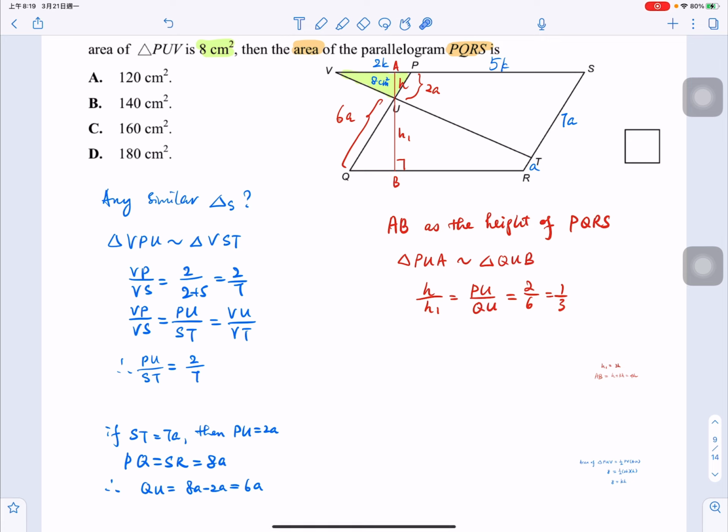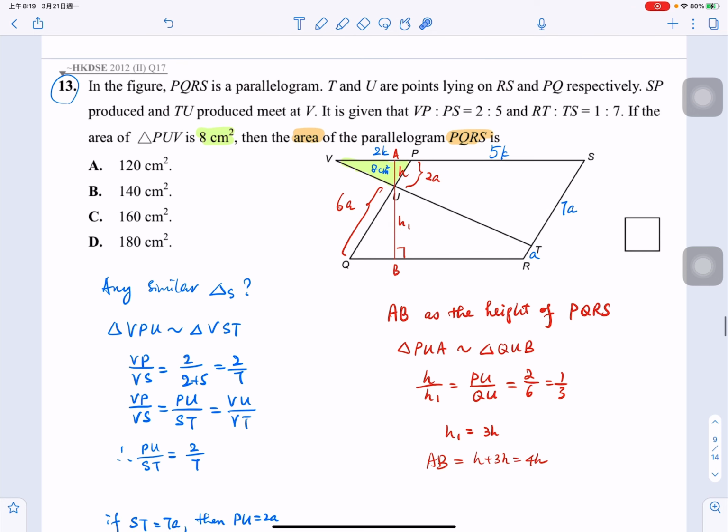That means 1 to 3. As a result, the larger one, H1, equals 3 times H. And so AB is 4H. Now you see, AB is 4H.